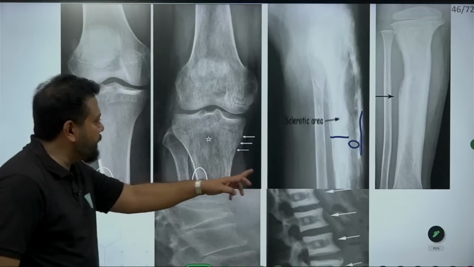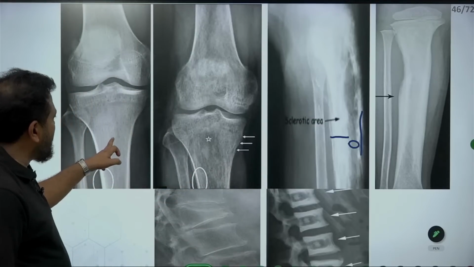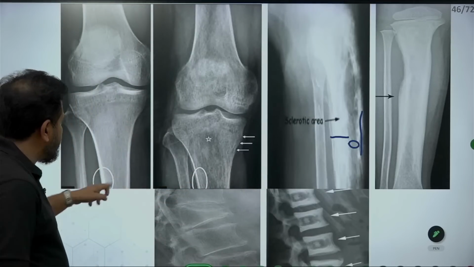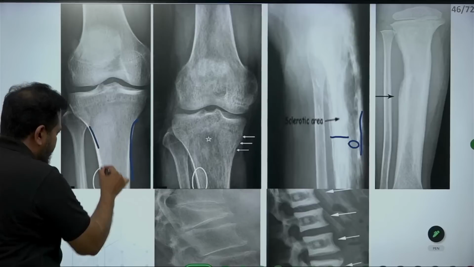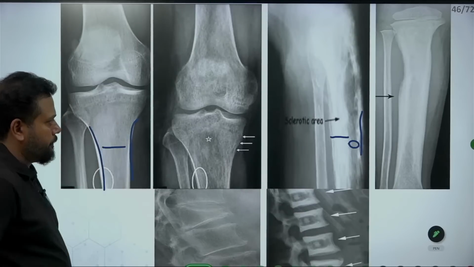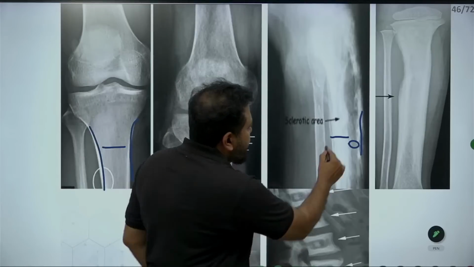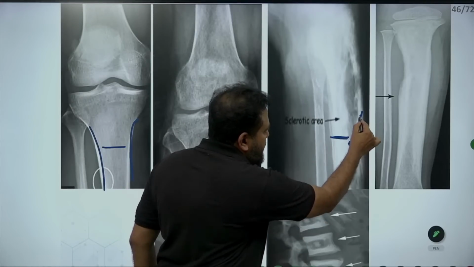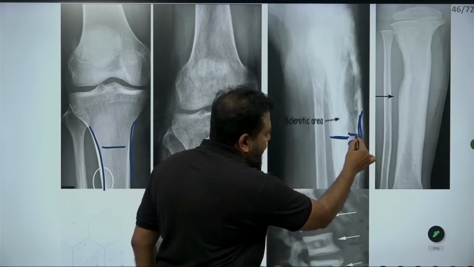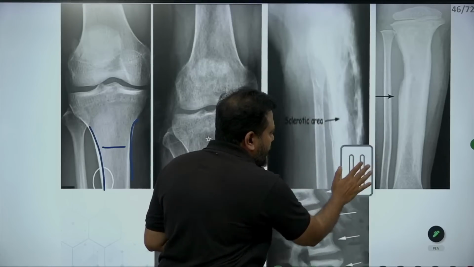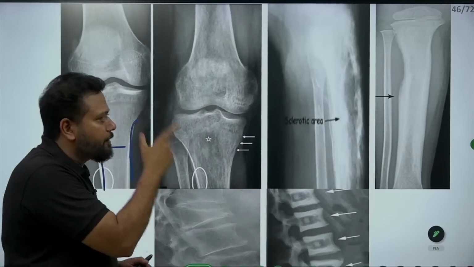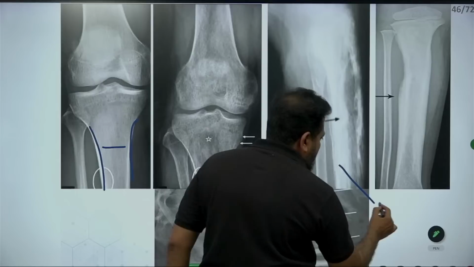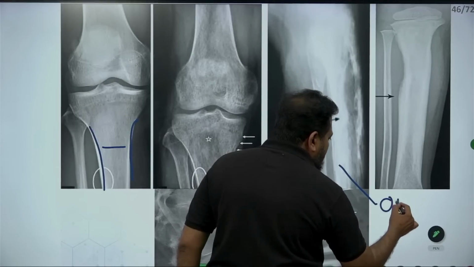Compare this with the normal cortex and medullary canal. Here the whole thickness is a cortex, this is another cortex, and the medullary canal is so much narrowed. So cortex is thick, medullary canal is thin. The diagnosis is osteopetrosis.